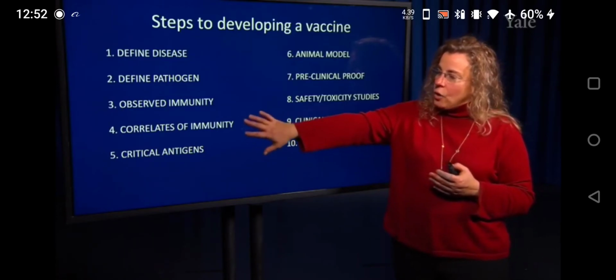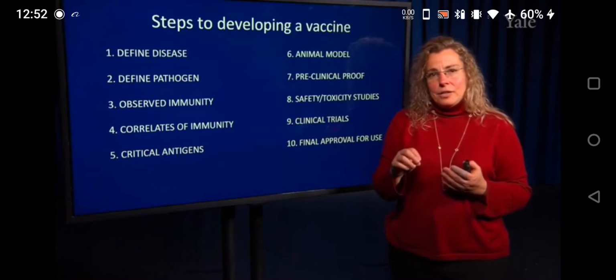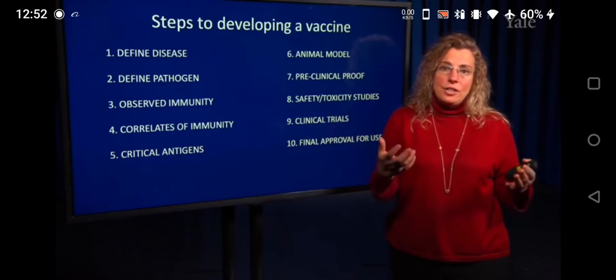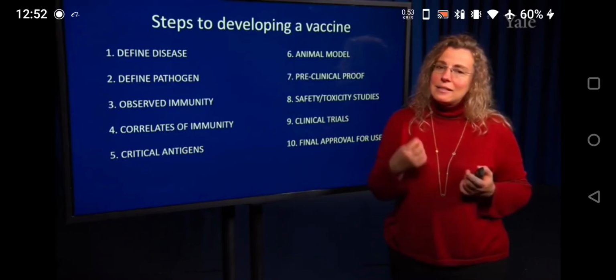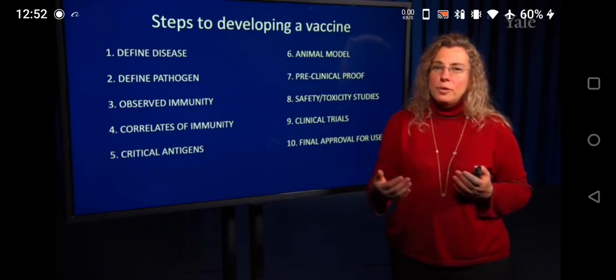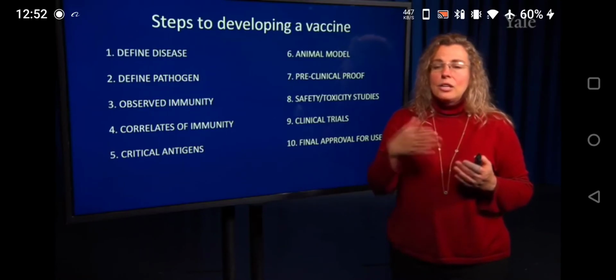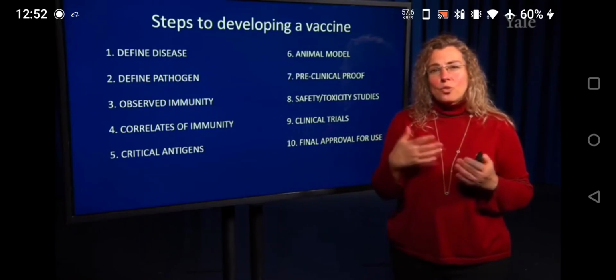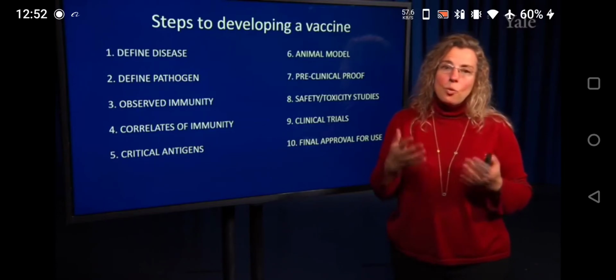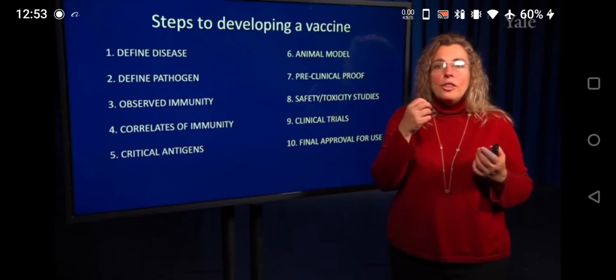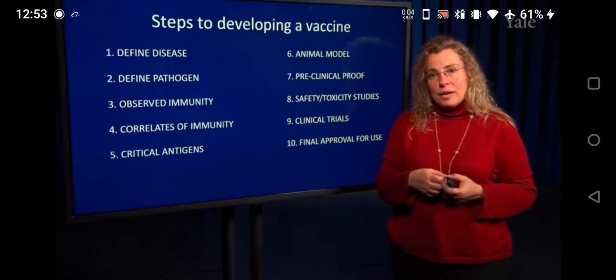Now, again, with correlates of immunity and critical antigens, we know that our bodies will respond to many different antigens on a pathogen. It does not mean, though, that all of those immune responses actually play any role in protection. So often it's just one or two antigens and sometimes one or two epitopes against which the protective immune responses are generated.